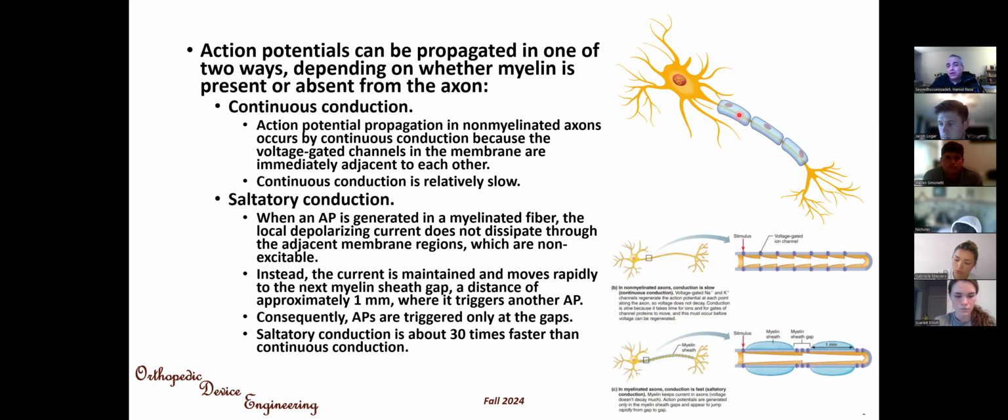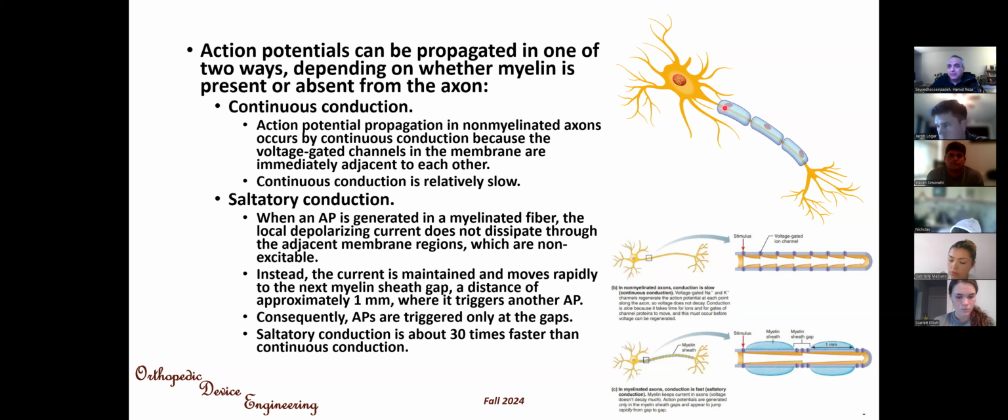If the axons are covered with myelin, which happens in almost all peripheral nerves in our body, these myelin sheaths have a specific shape. They are not continuous. You see here, they have gaps between them.